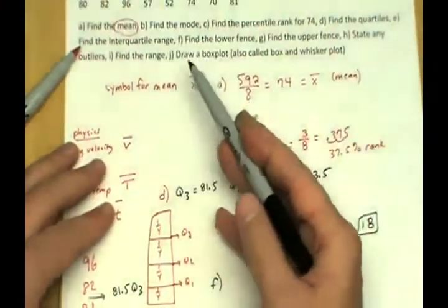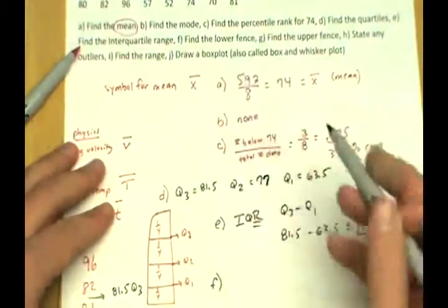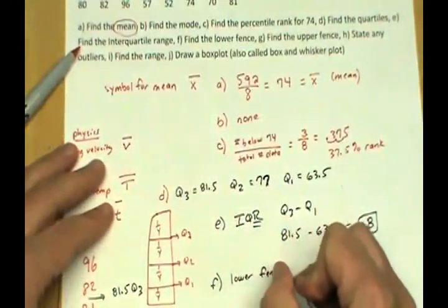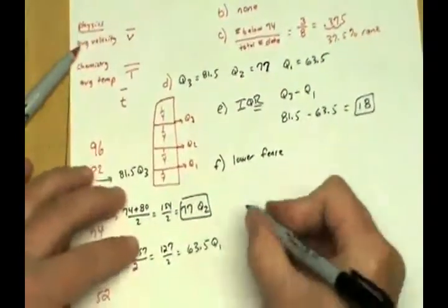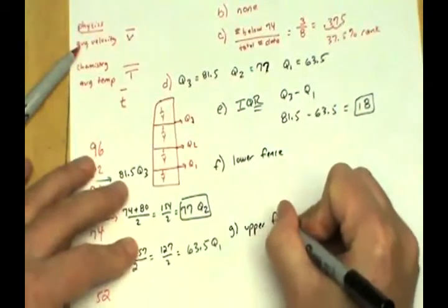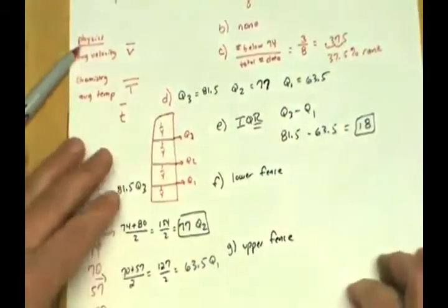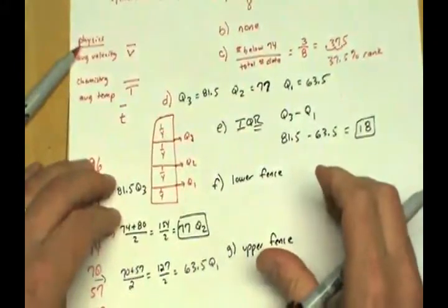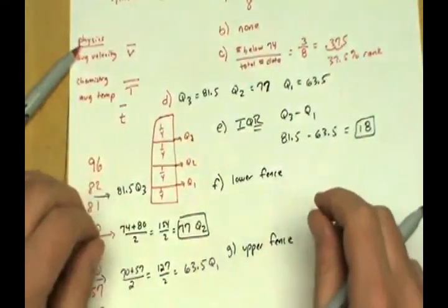Here we go. F. We'd like to find what they call the lower fence. Now, after finding the lower fence for F, we're going to find G, which is the upper fence. Fences are how we find outliers. Outliers are pieces of data that don't belong to the set.